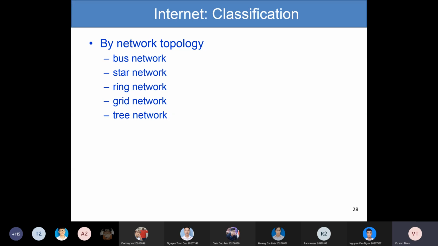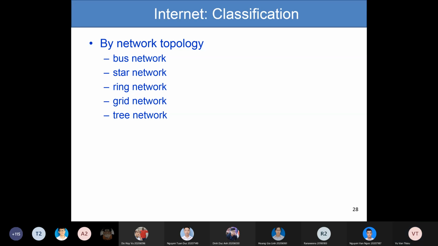Star network, the computers are connected in a star topology. It means each computer is connected to other computers in many lines, many ways. So if one way is disconnected, the network still works. Ring network, the computers are connected as a ring.